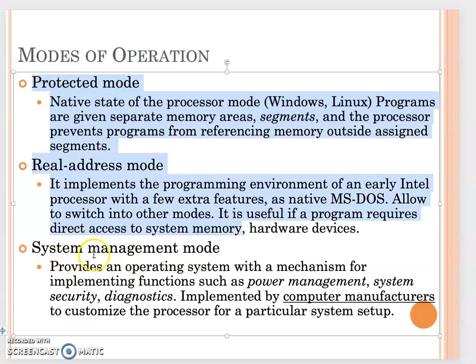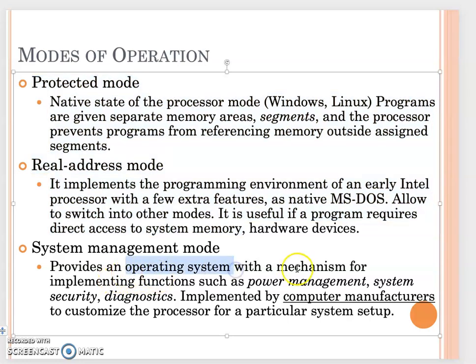Then the last one, the system management mode. It provides an operating system with a mechanism for implementing functions such as power management, system security, and diagnostics, implemented by the computer manufacturer. That's why you cannot access this system management mode. Remember, when you bought a computer, everything was one piece. You just start the computer and the operating system is already on.